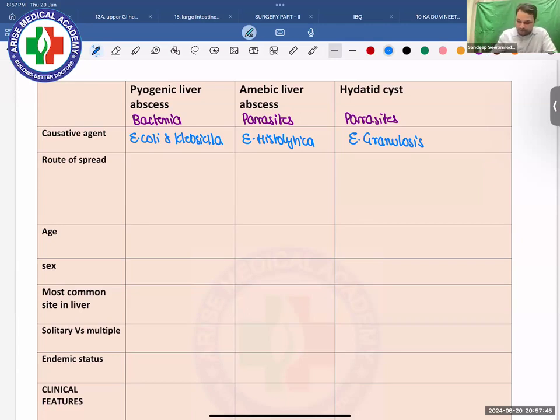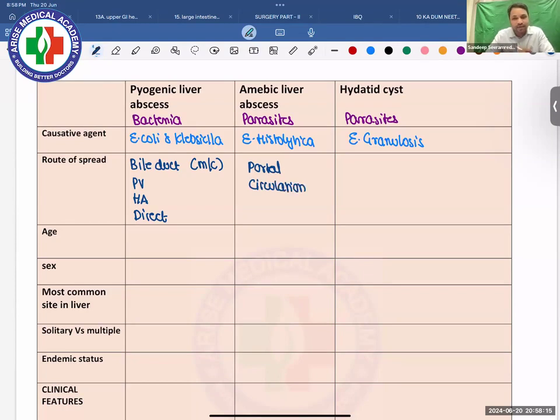What is the route of spread? How does it spread in pyogenic liver abscess? The bile duct is the most common route of spread. If this is not in the options, then the portal vein. If not, the hepatic artery. If not, direct spread. Amoebic liver abscess comes to the body as amoebic colitis, causes a flask-shaped ulcer in the cecum, and via the portal circulation it reaches the liver.